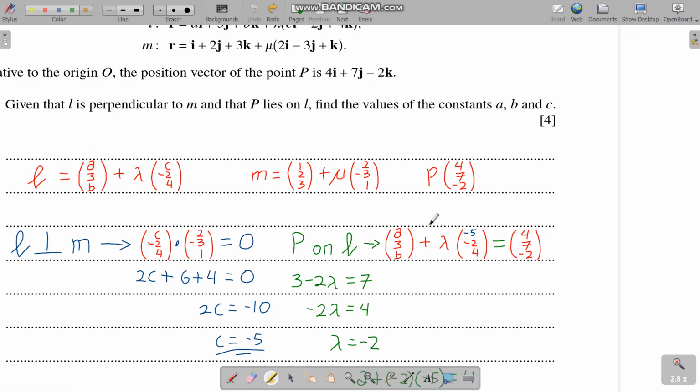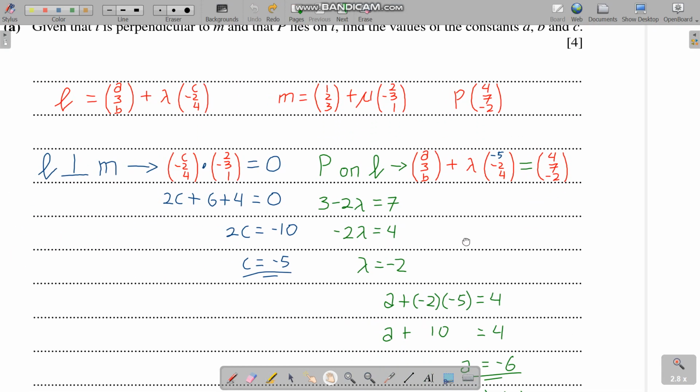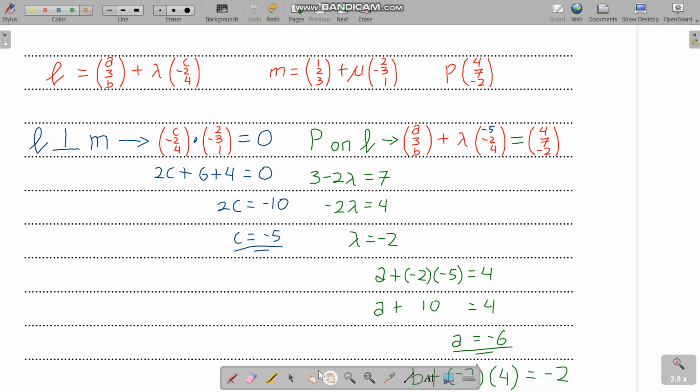So (a, 3, b) plus lambda times, remember we know the c already, it's minus 5, equals the point P. So we can use the x component. a plus minus 5 times lambda equals 4, and the second component and the third component.